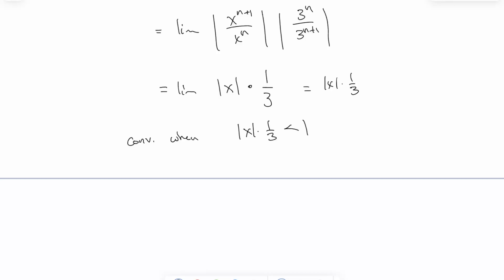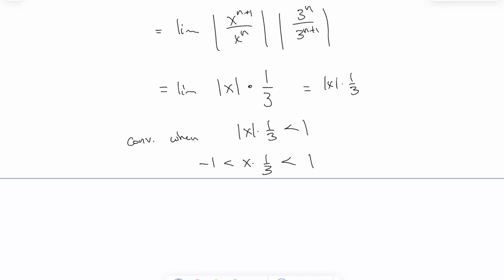And I'm going to try to write this as an interval. This is a little weird, but it always goes the same way. When I have absolute value something less than 1, to write it as an interval, I throw a -1 and a 1 around it, this time with no absolute value signs. This is always how we turn an inequality with an absolute value into a double inequality with no absolute value.